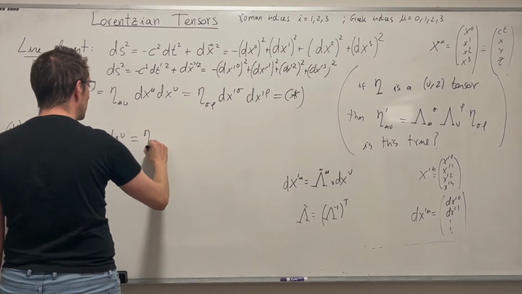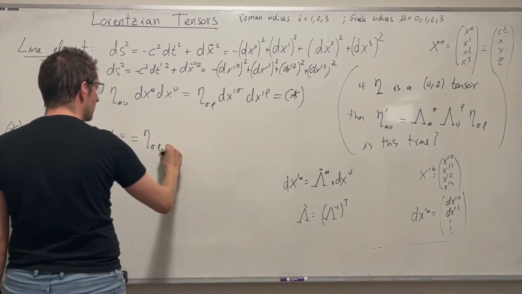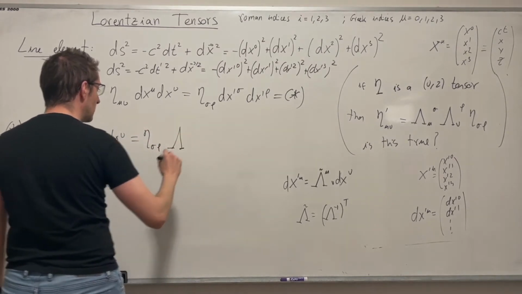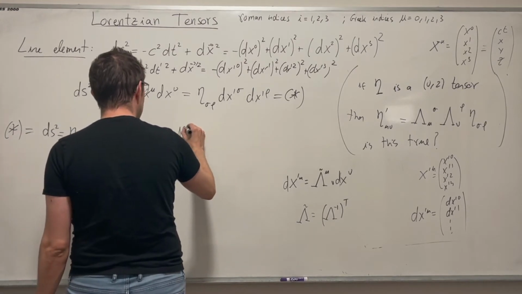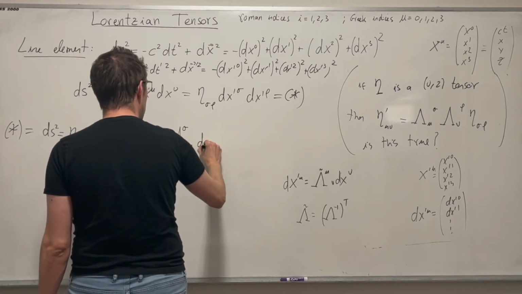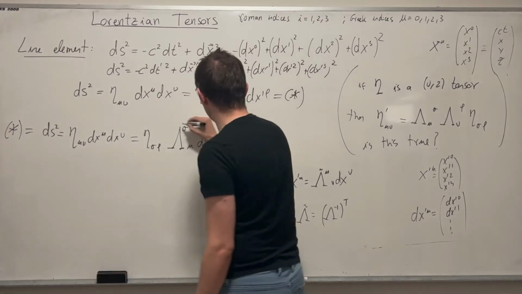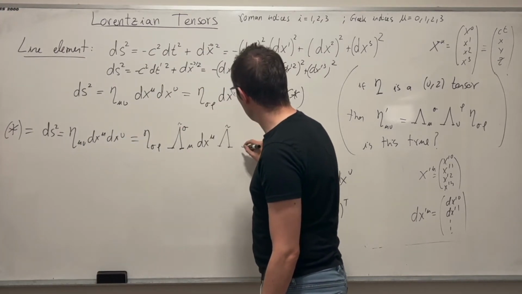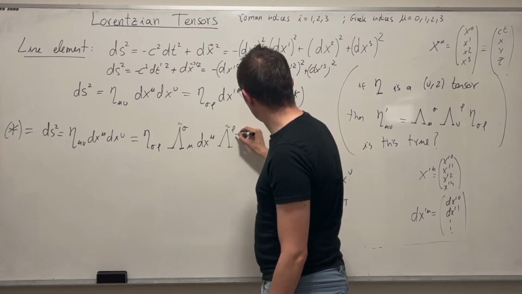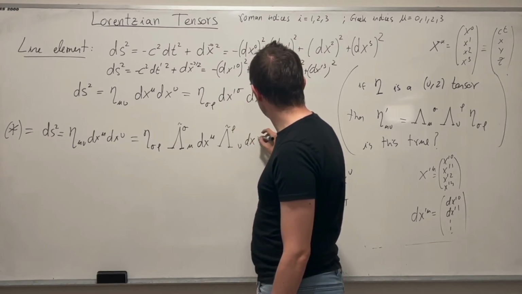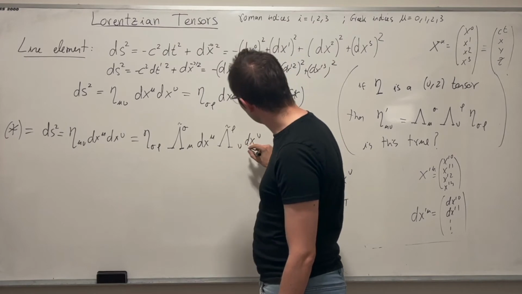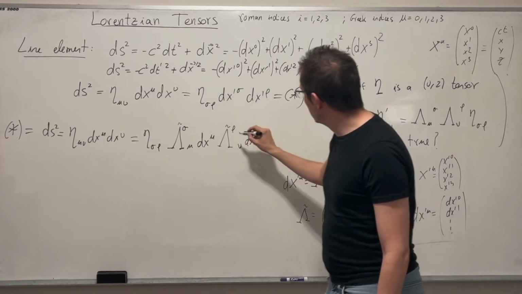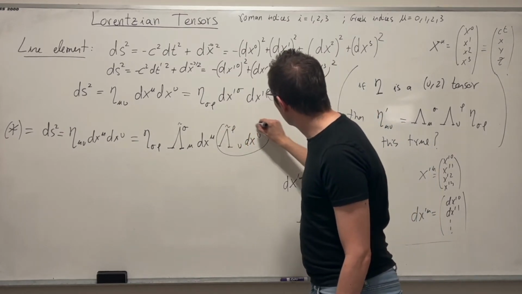So that would be eta sigma rho, and then the first one is going to be a transformation lambda tilde sigma mu dx mu, and then lambda tilde rho nu dx nu. All right, and then you can tell that this little thing is the transform.